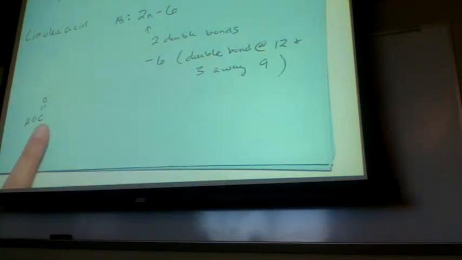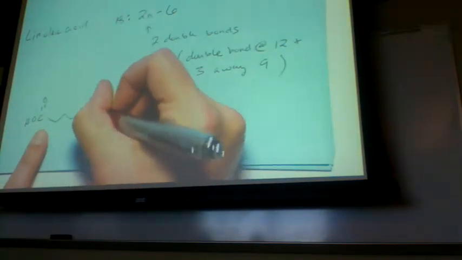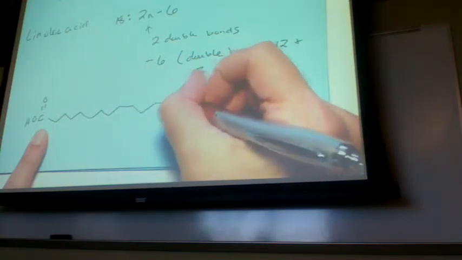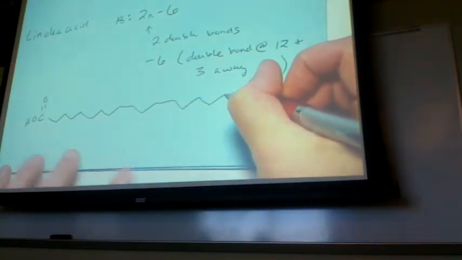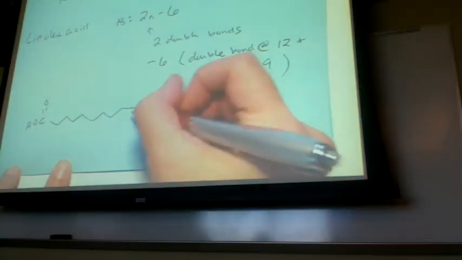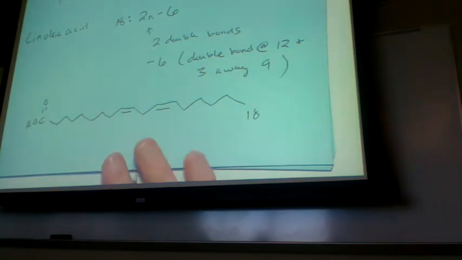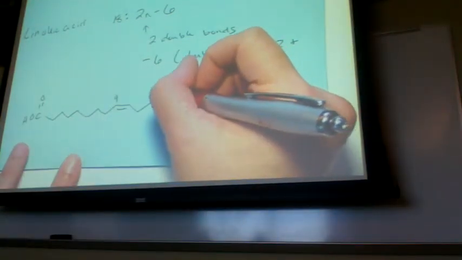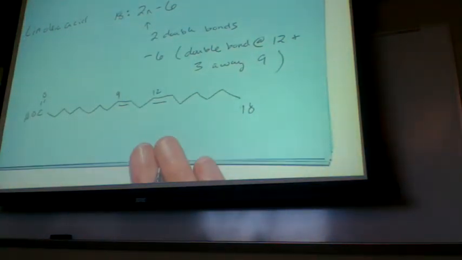And I hope I can get these all cis. 4, 5, 6, 7, 8, 9, 10, 11, 12, 13, 14, 15, 16, 17, 18. So this ends up being number 9 to 10, and this ends up being number 12 to 13.